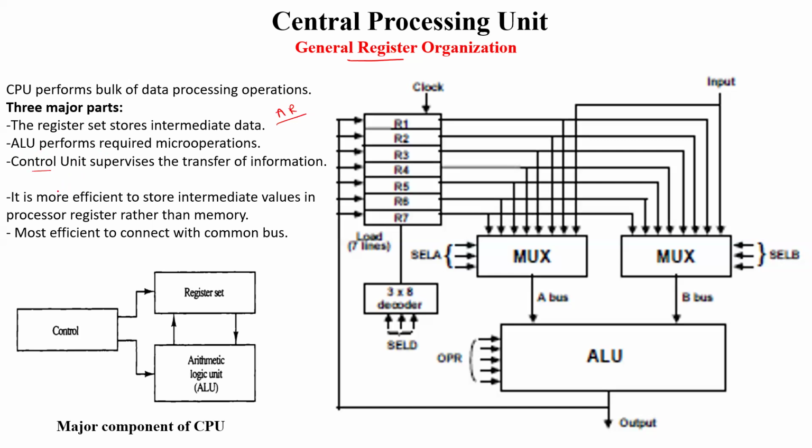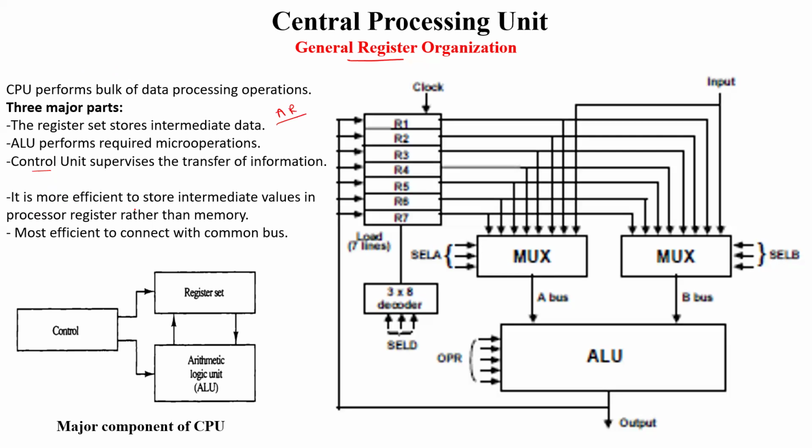We have already seen the role of the control unit: a separate control memory holds the control word, of a particular size as per the system, which controls the other operations in the system.